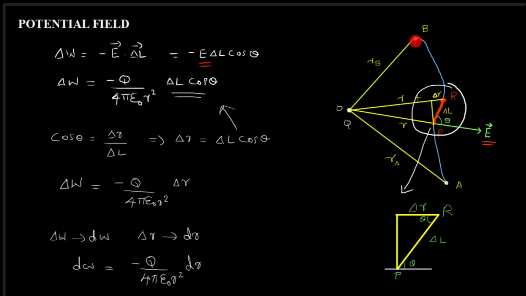So RA now becomes infinity. I hope it's very clear. This point A is not here. This A is somewhere very far.